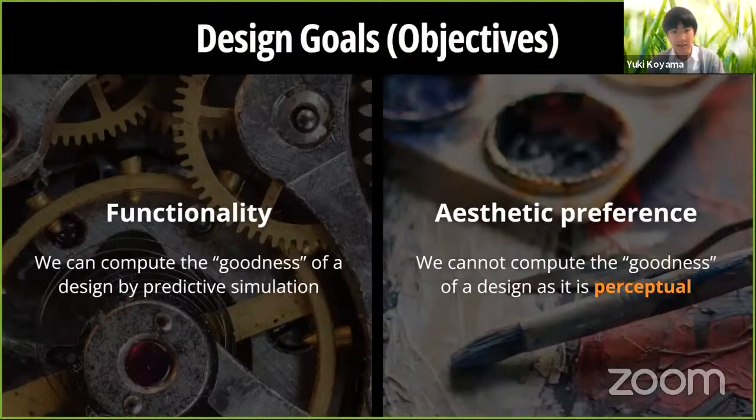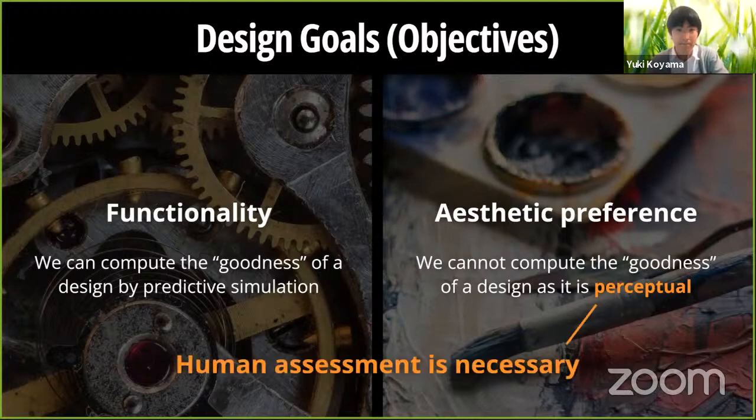For the functionality, we can compute the goodness of a design by using predictive simulation and so on. On the other hand, for the aesthetic preference, it is very difficult to compute the goodness of a design because preference is a perceptual metric. So to handle the preference, we need to incorporate human assessment somehow into the optimization process.